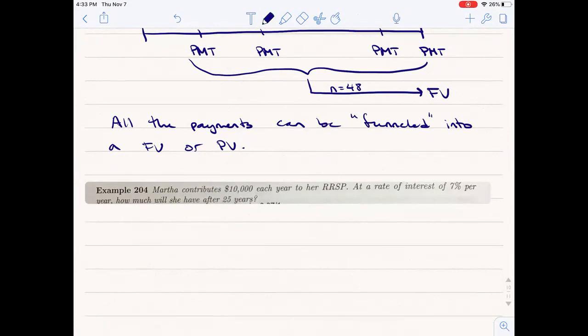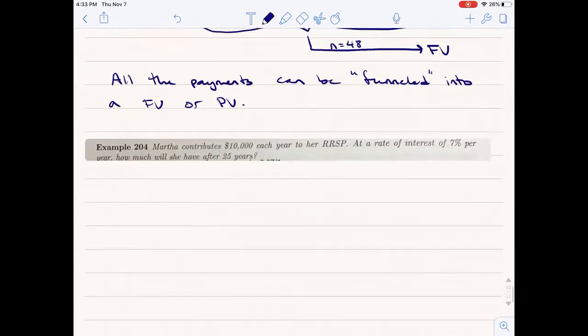At a rate of interest of 7% per year, how much will she have after 25 years? And so she contributes $10,000 each year. Let's highlight some things that we know. We're told that the payment amount is $10,000, just in the order that it appears. And these payments are made each year. So if I just use the shorthand, payments per year is 1.